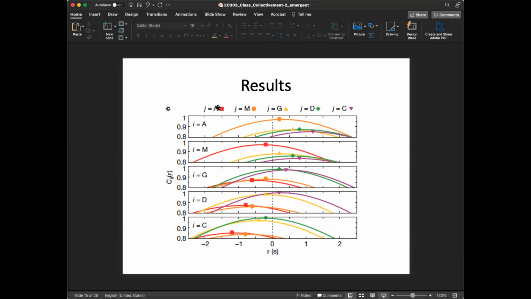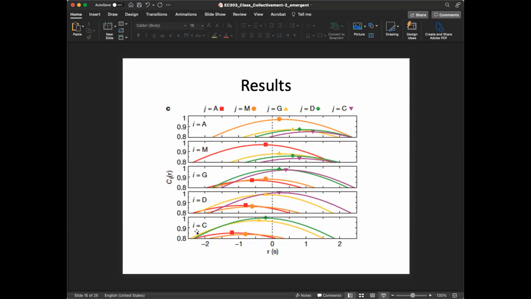Let's say A. Does A follow D or does D follow A? Not clear? So if there's a negative lag at which the maximum occurs, then the focal individual follows the other individual. So it means D is following A. Okay, and that is consistent with what we have found in the top row.